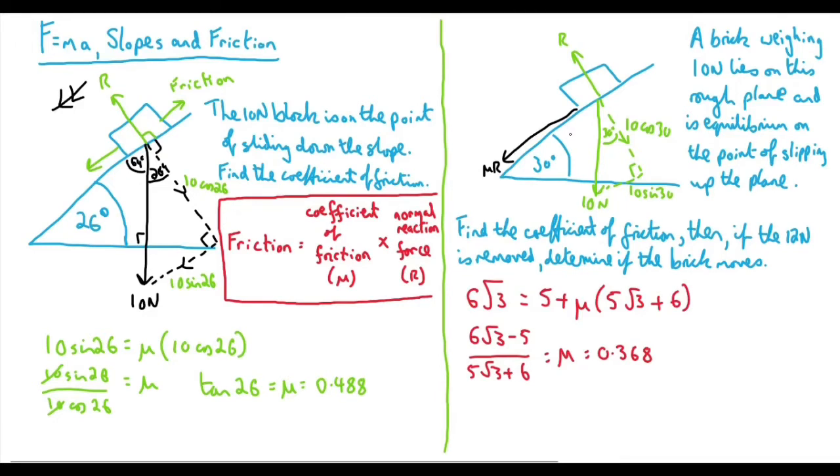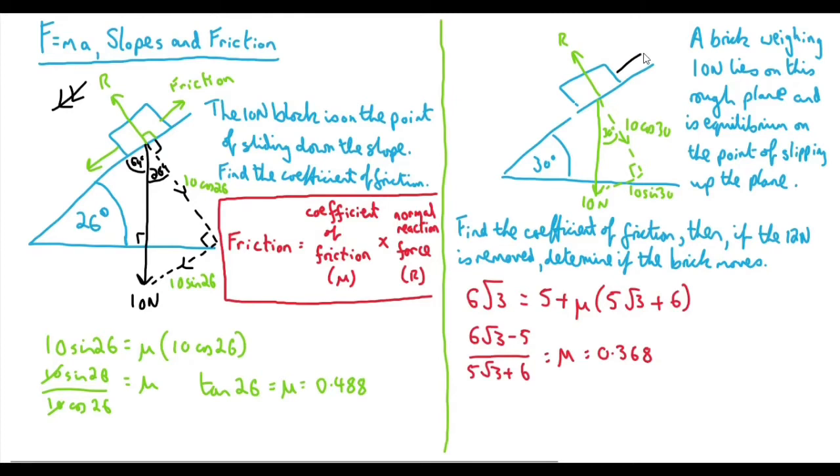But that's not the only thing that's going to have changed. If you have removed that 12 Newton force and there's no longer anything pushing it up, the brick is now going to want to move down the slope. Yet if its desired direction of motion is down, that means friction is going to have flipped.